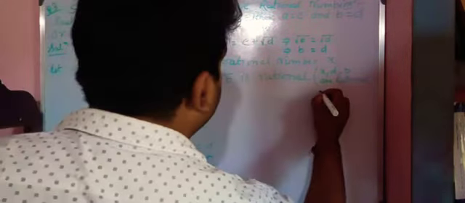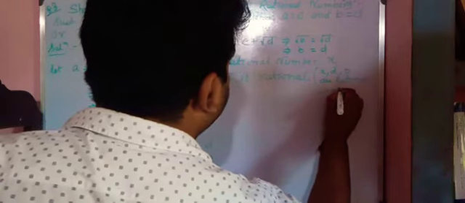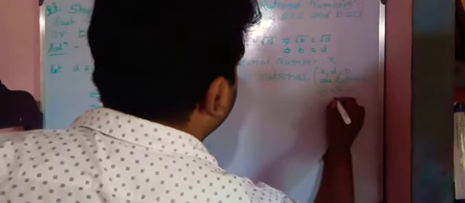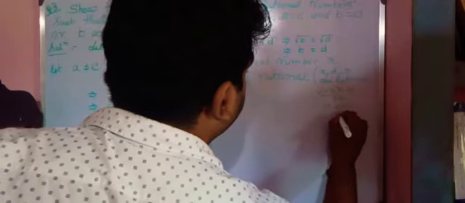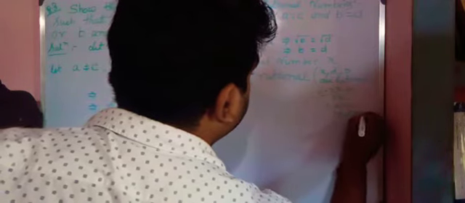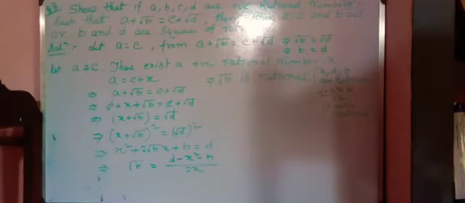So d minus x square minus b by 2x is also rational. Understood? So root b is rational.